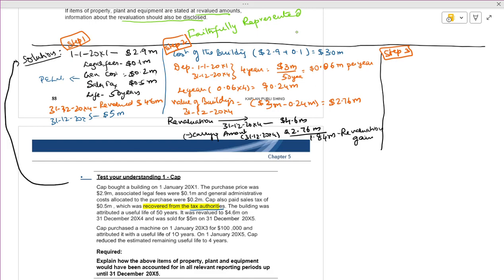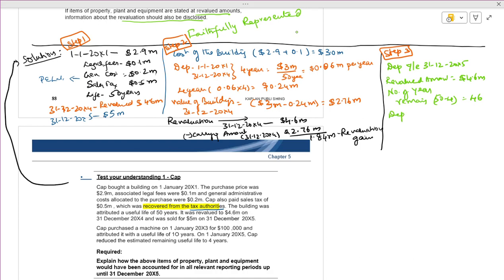Now we have to calculate depreciation for the year ended 31/12/2005. What is the revalued amount? Revalued amount is 4.6. Is it right? Number of years remaining is how much? 50 minus 4, 46. Is it right?